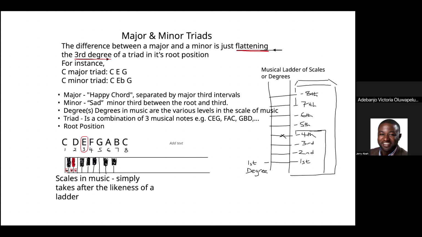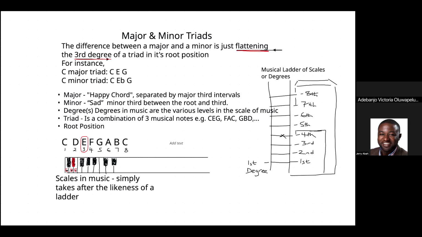It becomes E flat or D sharp. Yes, sir. Awesome. So this is our flattened third degree. That's how we get the third degree and flattening.